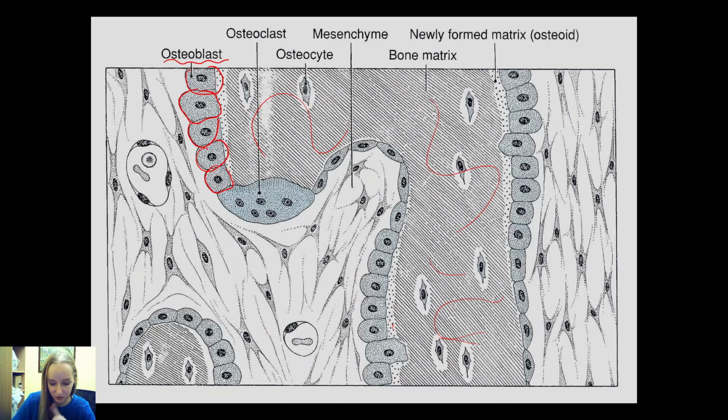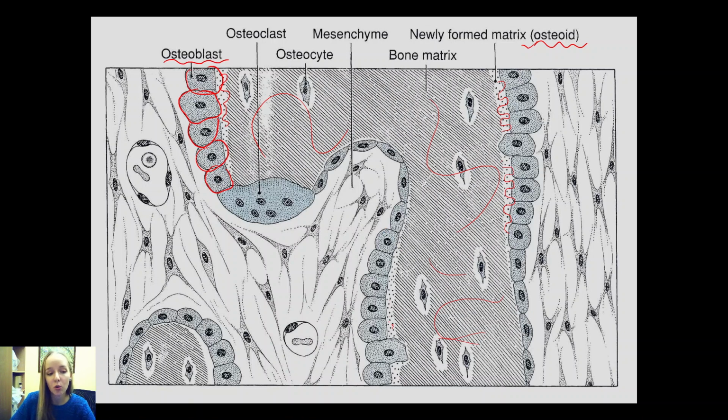And they're producing a bone, of course. And the newly produced or newly formed mass is called osteoid. So it's not mineralized. Osteoid is really the matrix just below osteoblasts right here. So newly formed bone right here. It's not yet mineralized, as I said.